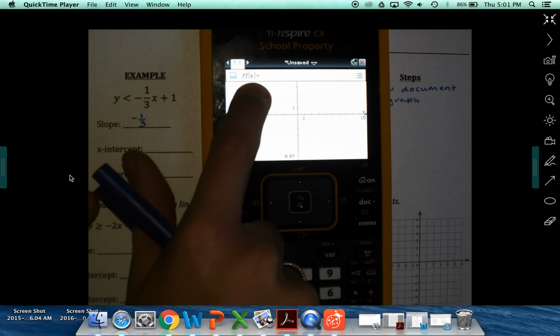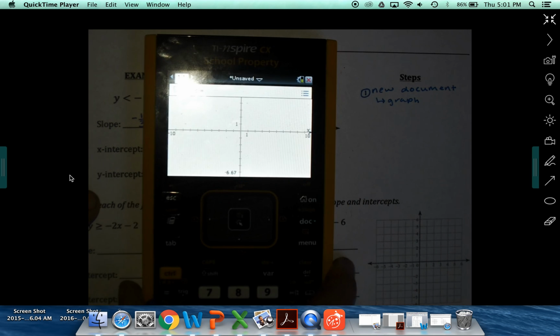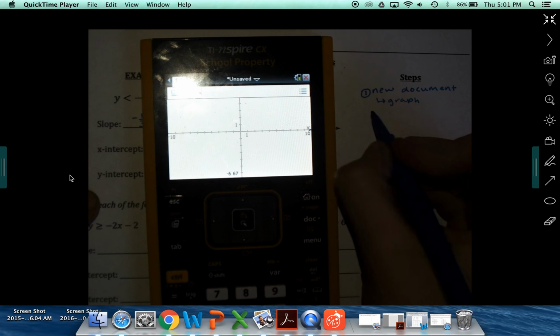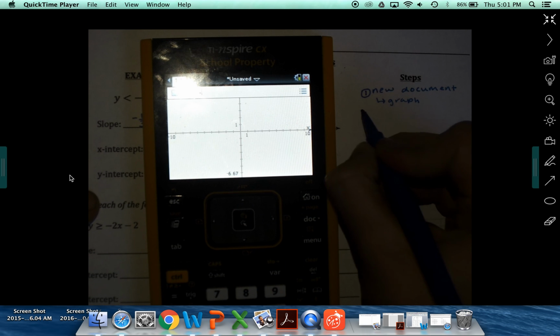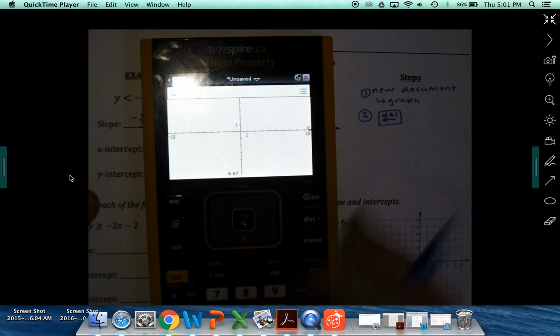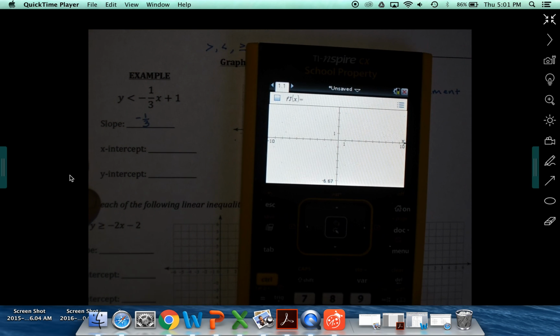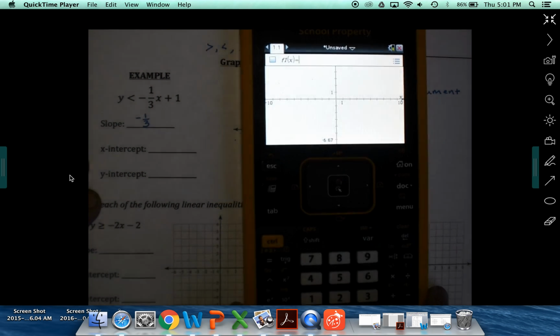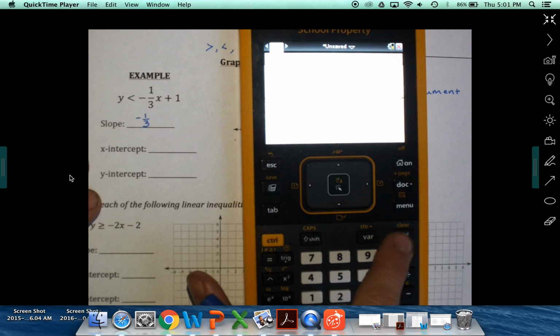Okay, now right here you can see we've got f of x equals, that's the same thing as y equals. To get rid of that, this is our next step, all you're going to do is press this delete button. It's right here.